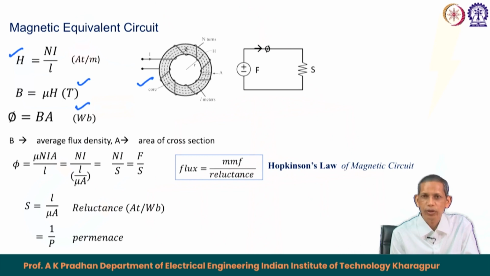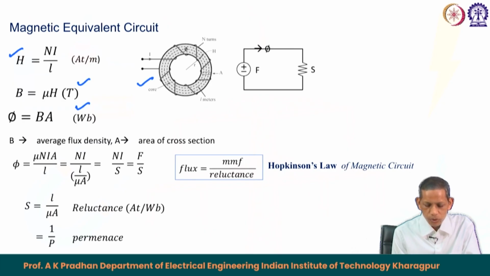This is the iron core on which the coil is wound. B is the average flux density, and H is the average magnetic field strength in the core.